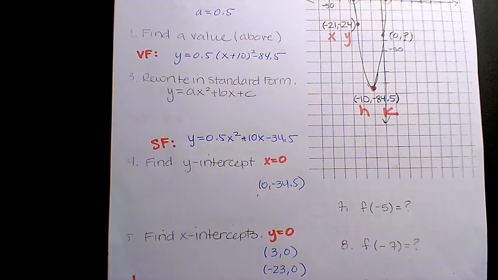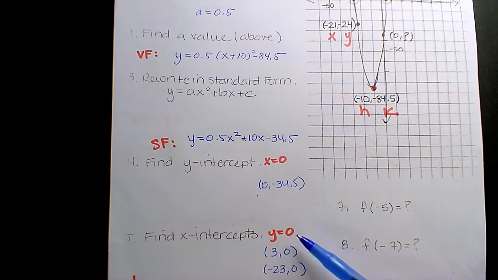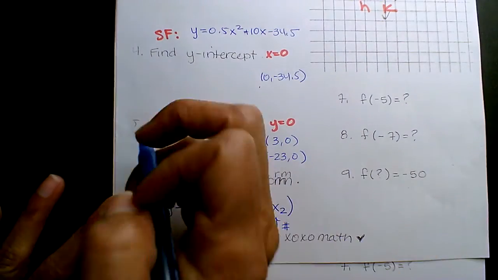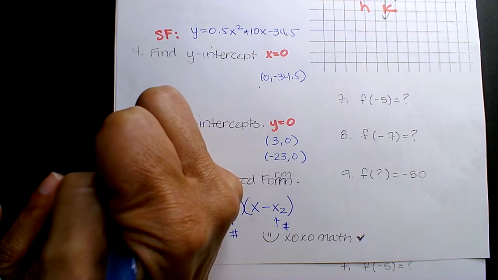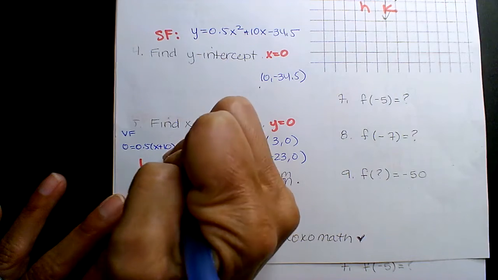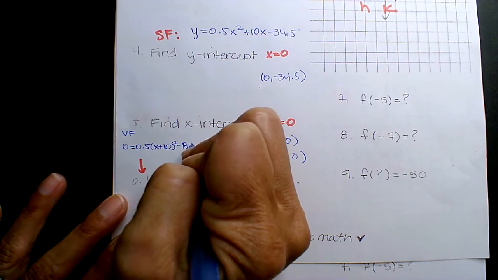To do the x-intercept, you let y equal 0, so here I'm going to write it out. For the x-intercept, if you chose the vertex form, you would have this written.